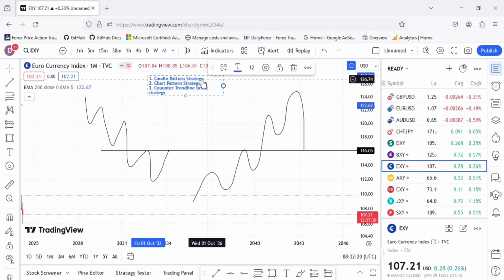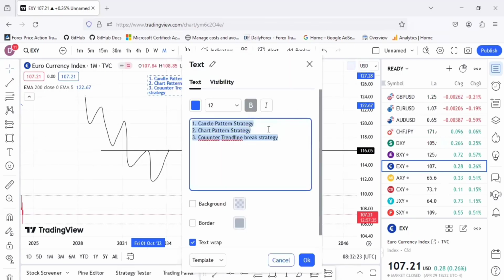So the two that we did here, for example, we did pin bar and the other one, engulfing, whether bullish or bearish.